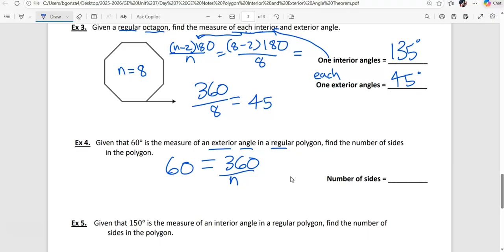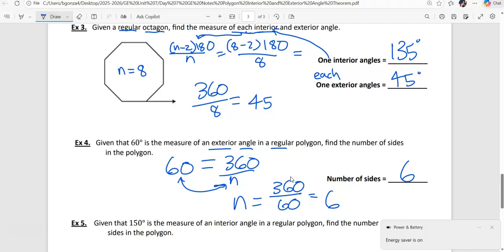If you remember what we learned during trig, there's a switcheroo rule. You can just do n on the left, 360 stays on the top, 60 goes to the bottom. You do the math, you get 6, okay? That's pretty much it.